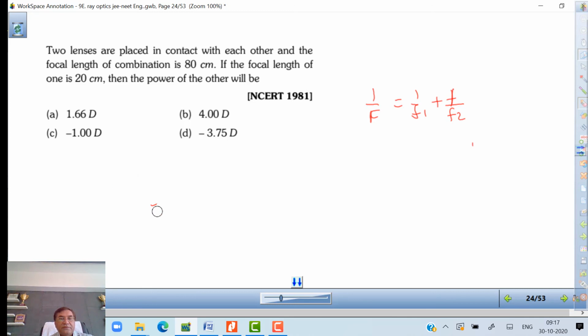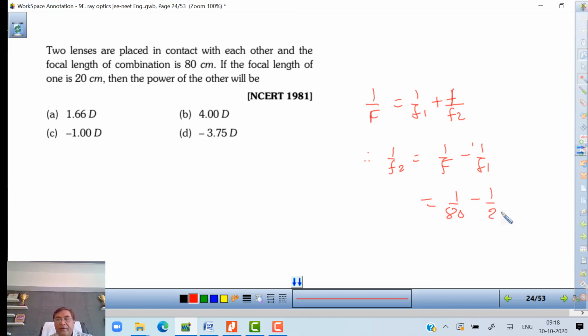Let me check, I think there was a mistake. 1 upon f2 is equal to 1 upon f minus 1 upon f1. So 1 upon 80 minus 1 upon 20. Oh yes, we had reversed it.